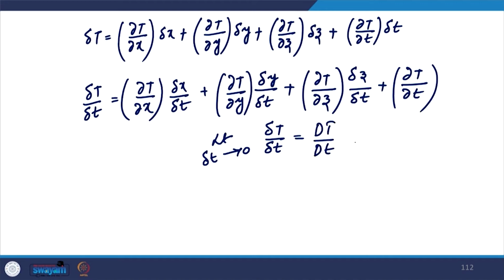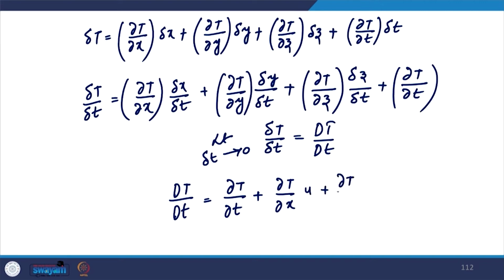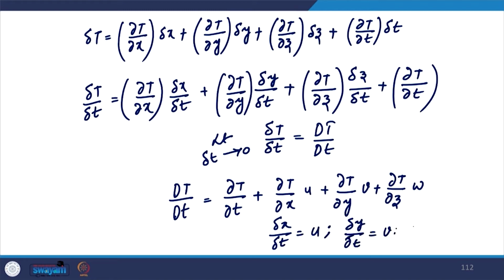So, which allows you to write dT over dt, the rate of change of temperature with respect to time, equals dou T over dou t plus dou T over dou x into u plus dou T over dou y into v plus dou T over dou z into w, because you have written delta x by delta t as u, delta y by delta t as v, and delta z by delta t as w.